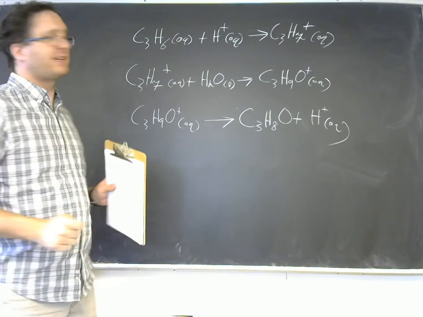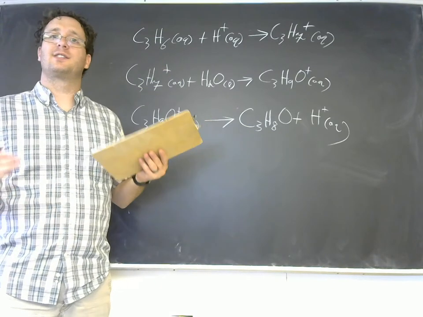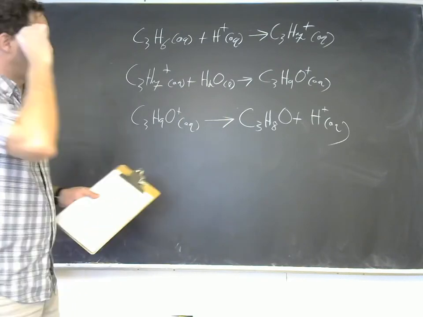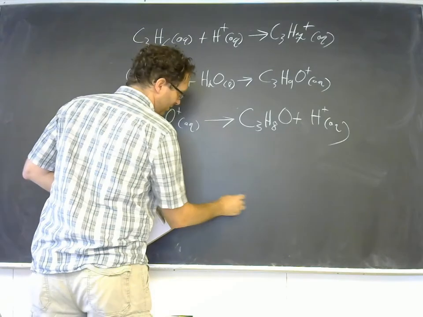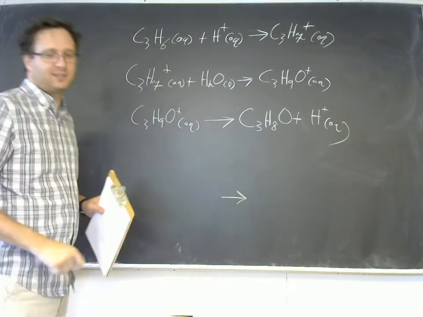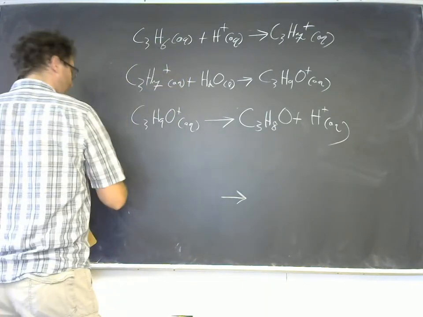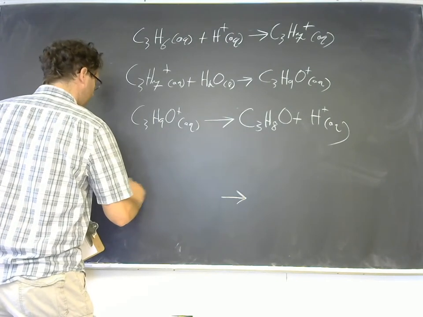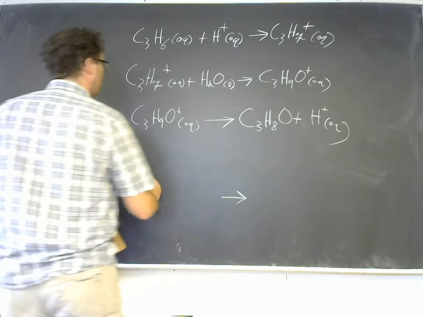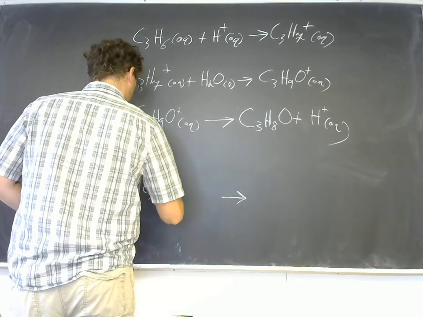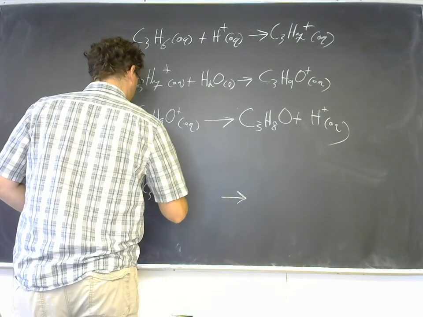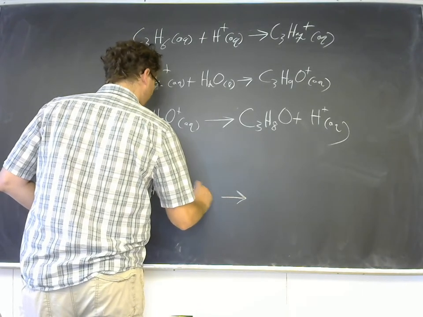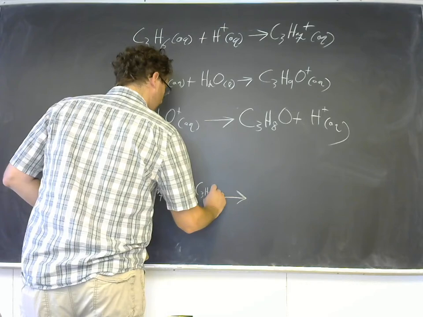Can we identify any catalysts and intermediates, and what is the overall reaction? Let's do the overall reaction first, because that's going to help us identify catalysts and intermediates. On the left side we have C3H6, H+, C3H7+, H2O, and finally C3H9O+.